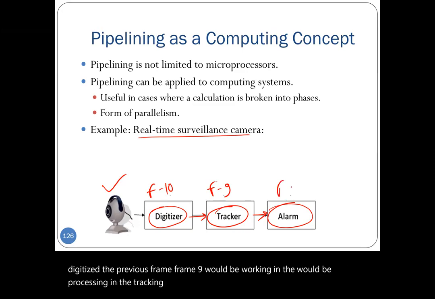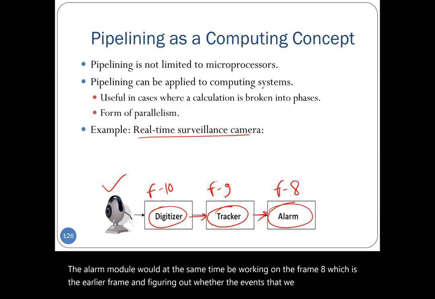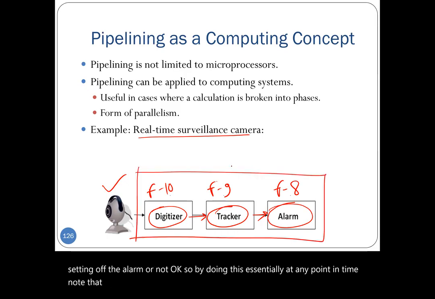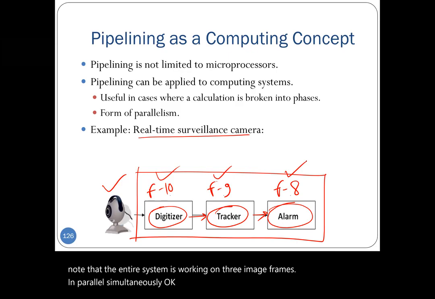The alarm module would at that same time be working on frame 8, the earlier frame, and figuring out whether the events that we see warrant setting off the alarm or not. By doing this, at any point in time, note that the entire system is working on 3 image frames simultaneously in parallel. So this is a simple pipeline implementation for a surveillance camera application.